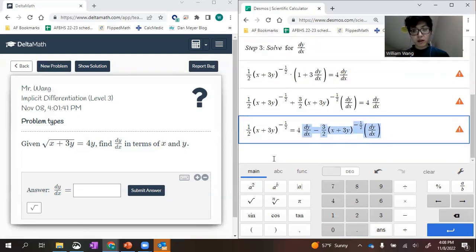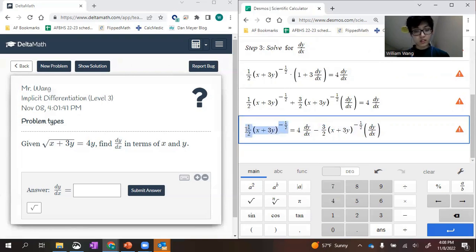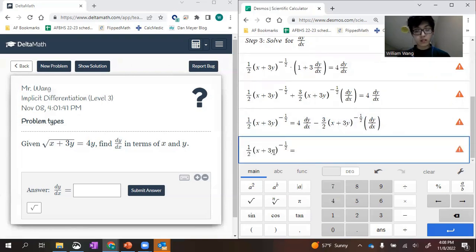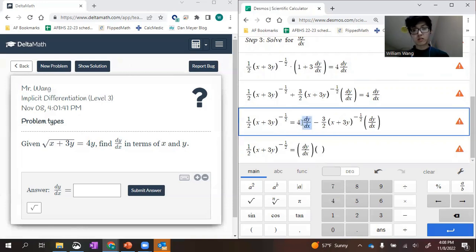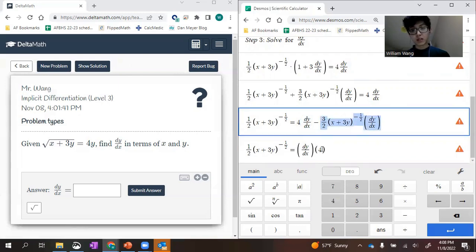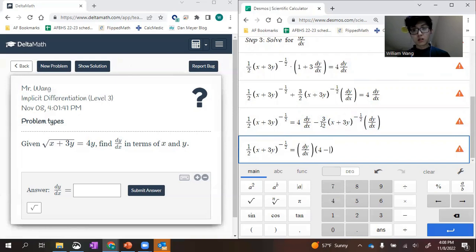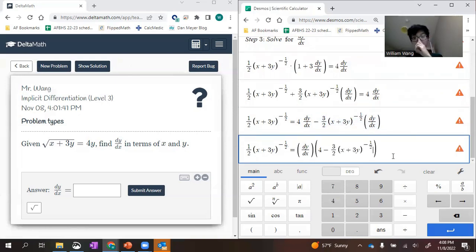I can factor out dy over dx. So this left side doesn't change, equals, I factor out dy over dx. Once I take it out of each of these terms, I'm left with just 4. Take it out of this whole term that's being multiplied together, so I'm left with this.